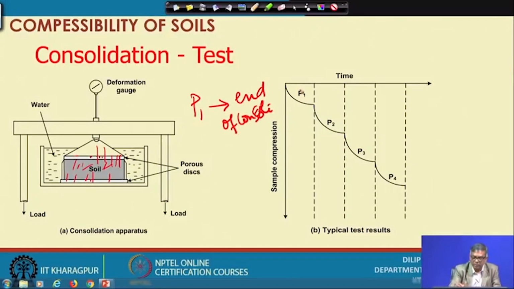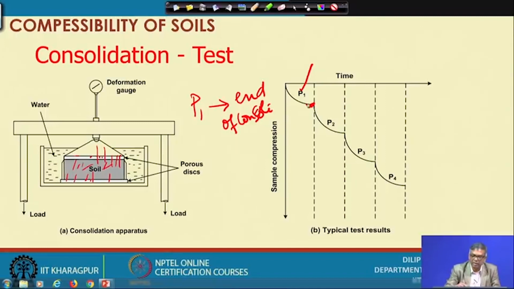Suppose you have applied load P 1 and you plot sample compression versus time; at some time the pore pressure becomes 0. So, under P 1 this much is the consolidation settlement, but it is not that further compression of the sample is not possible.